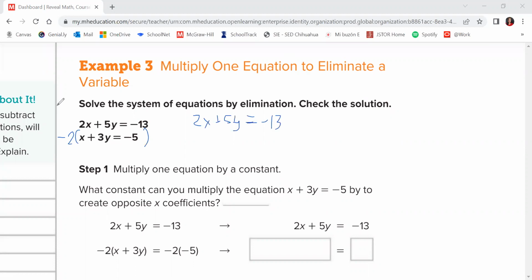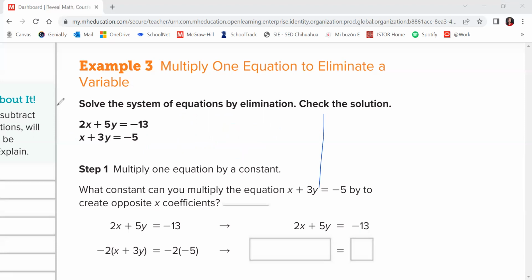I'm sorry about my letters. We multiply -2 times x is -2x. -2 times 3y, -6y. It's equal to -2 times -5, it's equal to 10. So now we have opposite terms, so we can eliminate one of the variables. Okay? We're going to continue seeing this example.